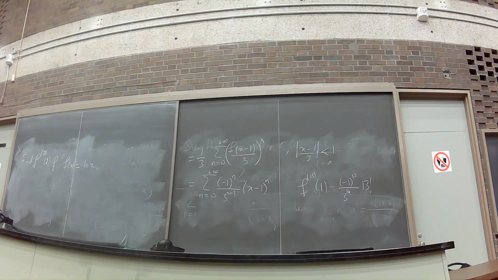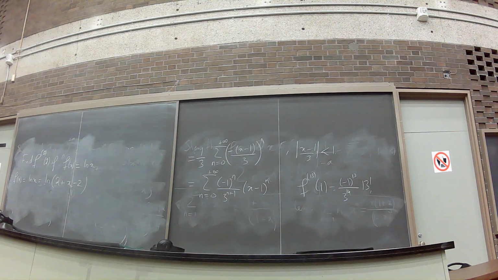Would you put that in the form of ln(1 + (x - 2)/2)? Yes, very good. So what is f of x? f of x is ln x, which is just ln of 2 plus (x - 2).